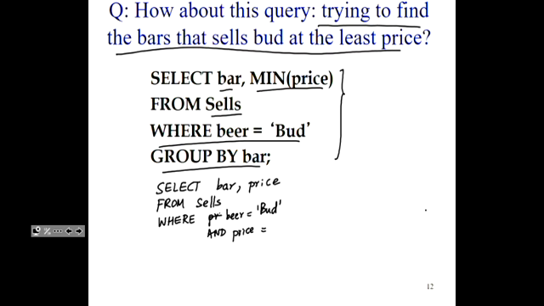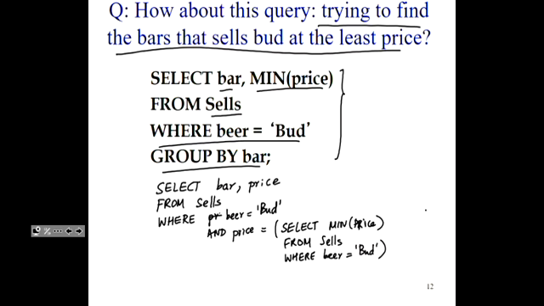Okay, so one way to do this would be, if I use an equals, I can do a select min price from cells where beer equals bud, right?